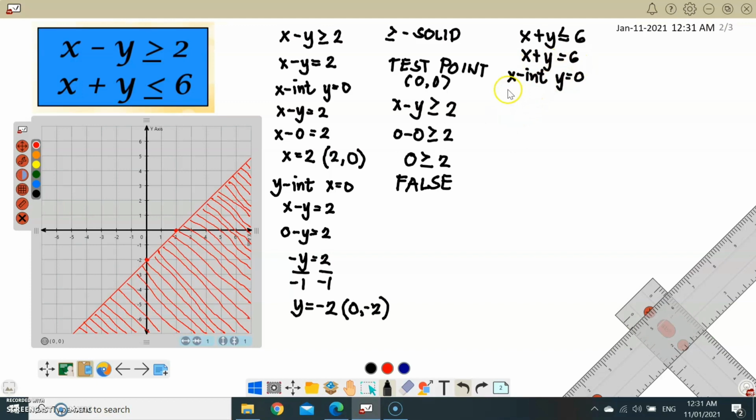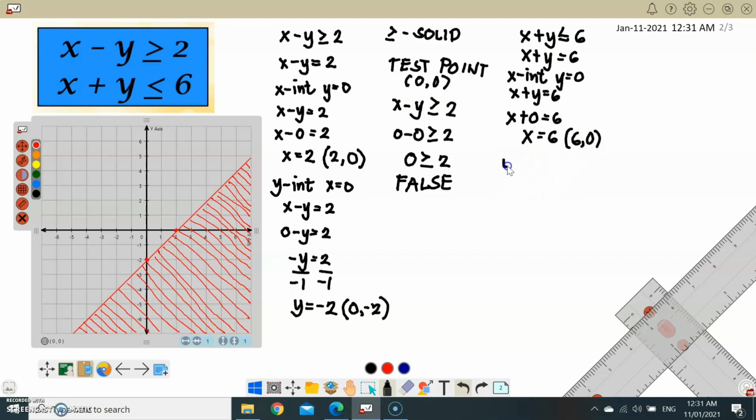Using the obtained equation, x plus y is equal to 6, we substitute y equal to 0. So we have x plus 0 is equal to 6, and x equals 6. So the x-intercept is 6 and its coordinate is (6, 0).